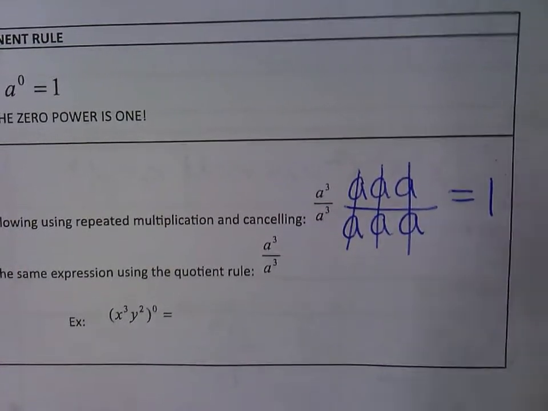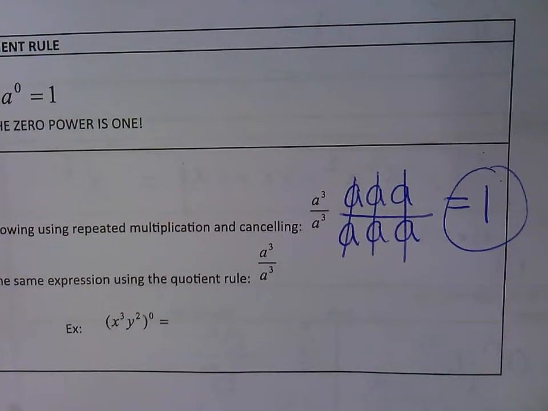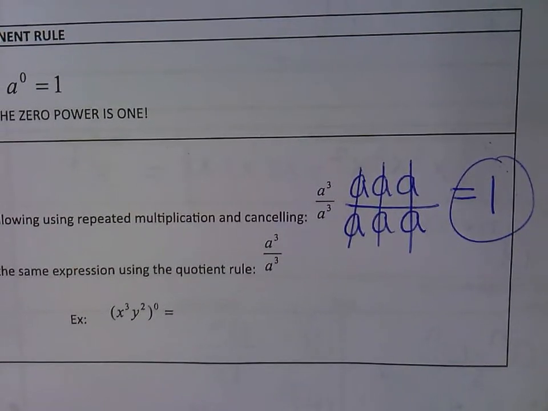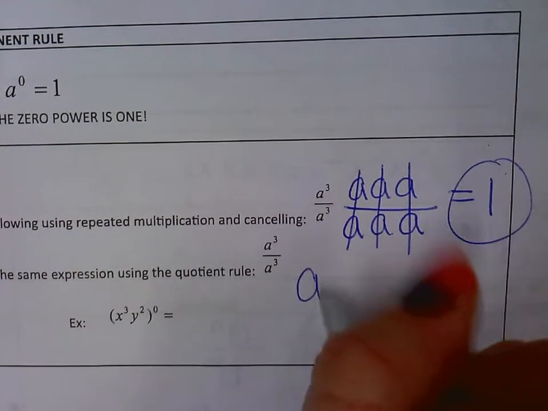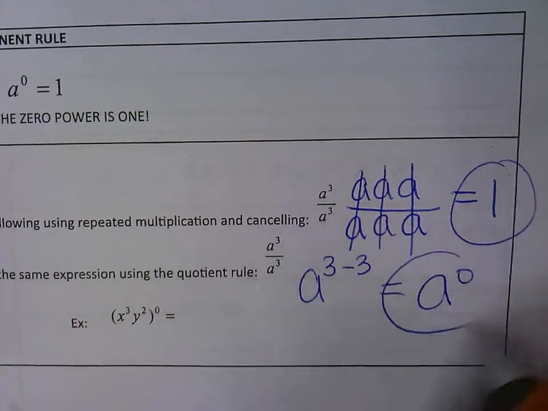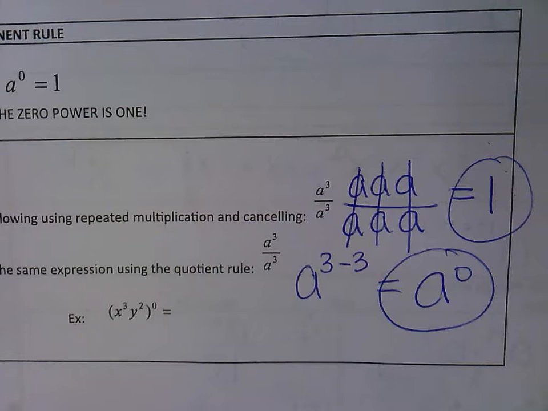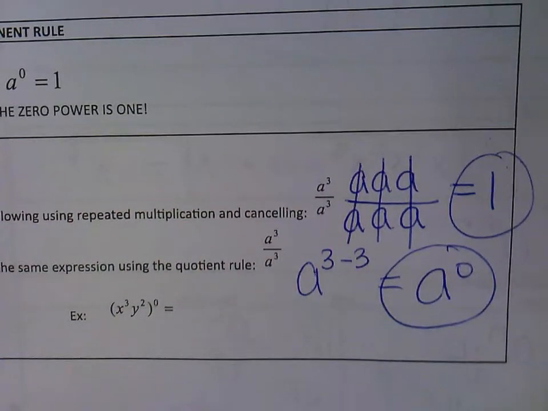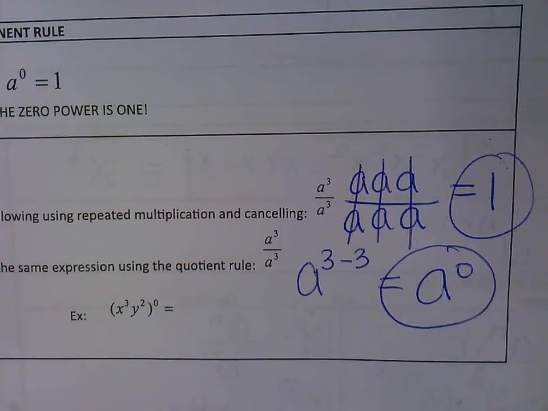So that is equivalent to 1. But what if we did the same expression using the quotient rule? So what if I took 3 and subtracted 3? Don't I get a to the 0 power? So I took the same expression, simplified it 2 different ways. These have got to be equivalent to each other. Anything to the 0 power is always 1.